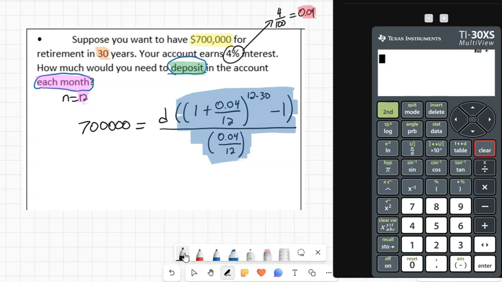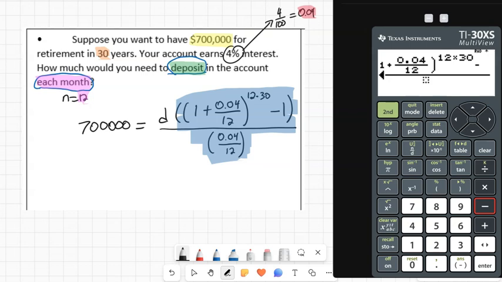I'm going to use the math print mode. So fraction on the numerator, I have 1 plus another fraction, 0.04 over 12. Right parenthesis exponent, and then 12 times 30, and then minus 1.